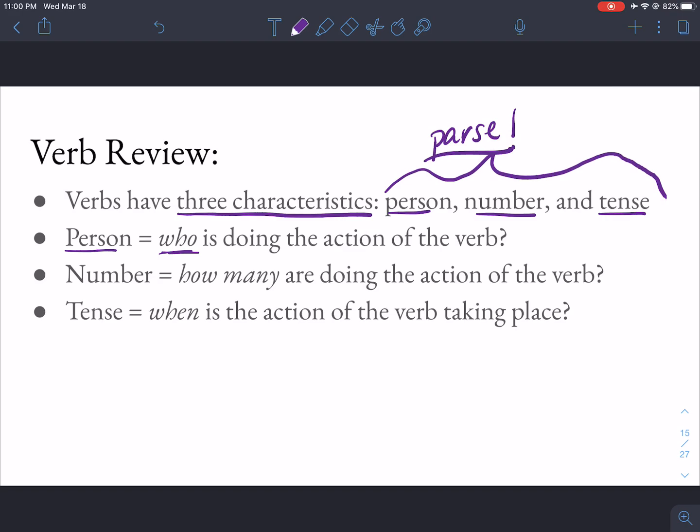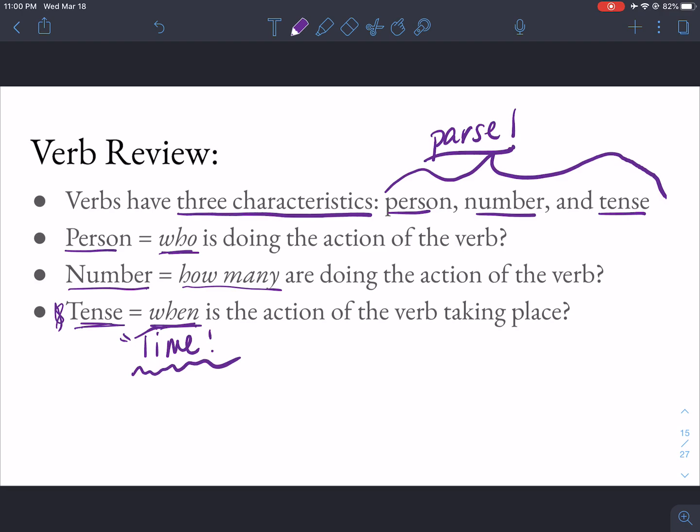Is it first person, second person, or third person? Number refers to how many are doing the action of the verb. Is it singular or plural? And tense, which is what we're going to be focusing on today, refers to when the action of the verb is taking place. You can think of tense as time, not the spice, not the herb. Tense is time, like the thing that ticks.